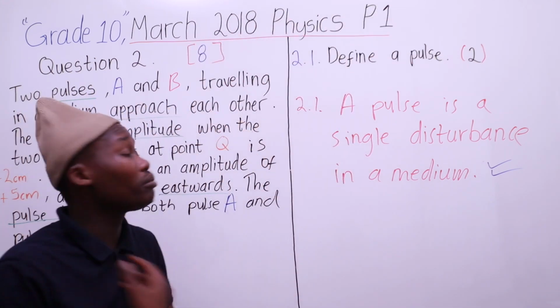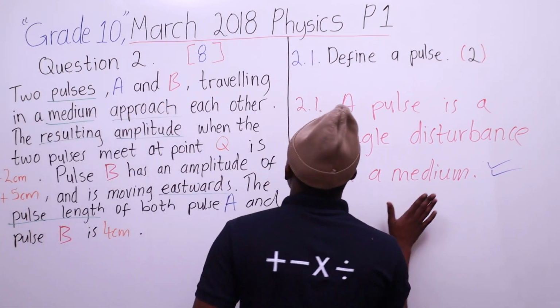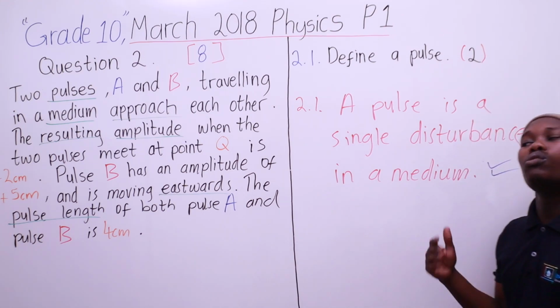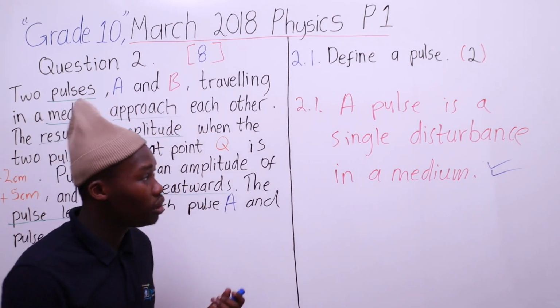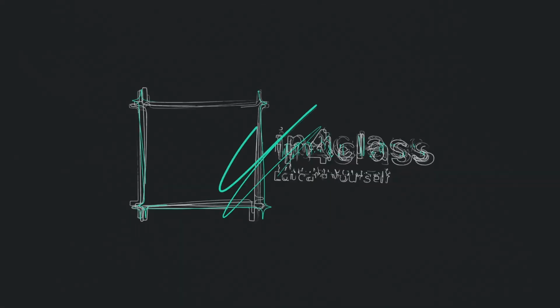It keeps on being transferred from one particle to the next. So this is how we define any pulse. It's simple. I'm sure some of you paused the video before we even started defining a pulse. A pulse is a single disturbance in a medium. So now we will answer question 2.2.